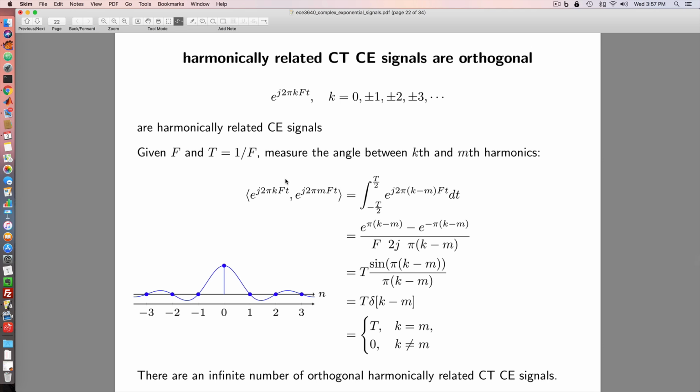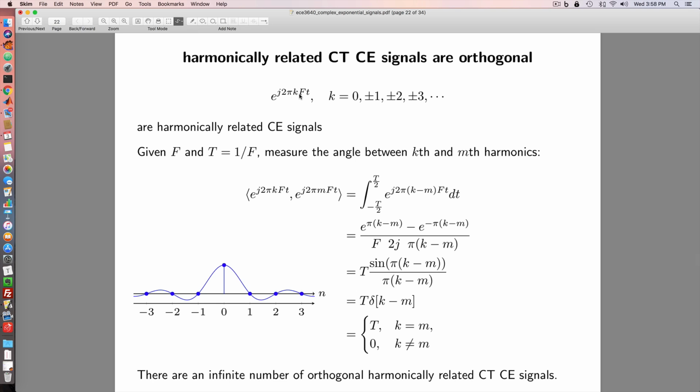The main thing I want you to be aware of is this concept of harmonically related complex exponential signals that are orthogonal. And the idea here is that in continuous time, so what's a harmonic? Harmonically related complex exponential signal.